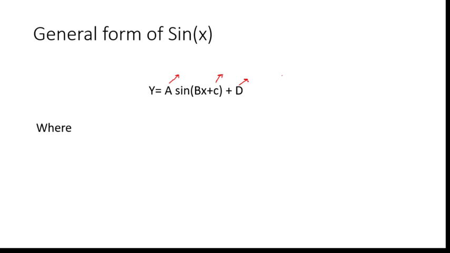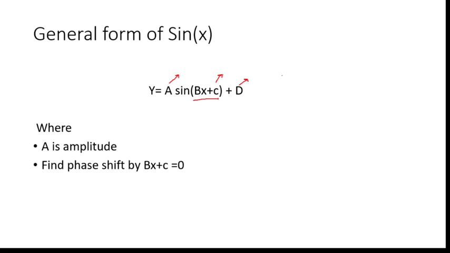You can find the phase shift by using bx plus c equal to 0, and you can easily find your phase shift. When this sign is positive, your phase shift is c units left, and if it is negative, it is c units right. And d is the vertical shift.